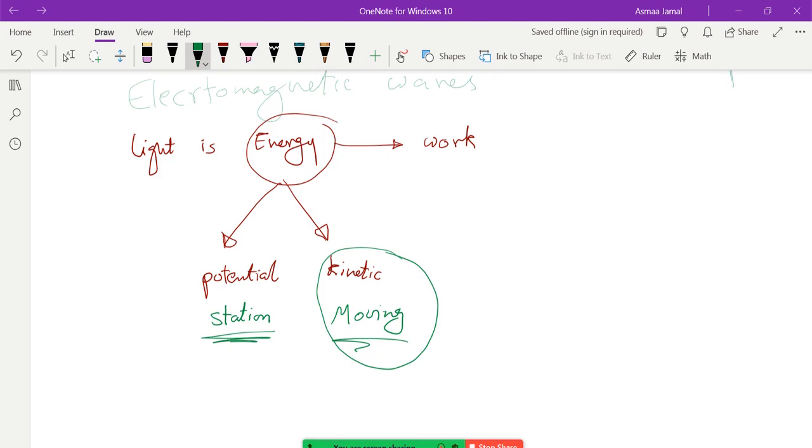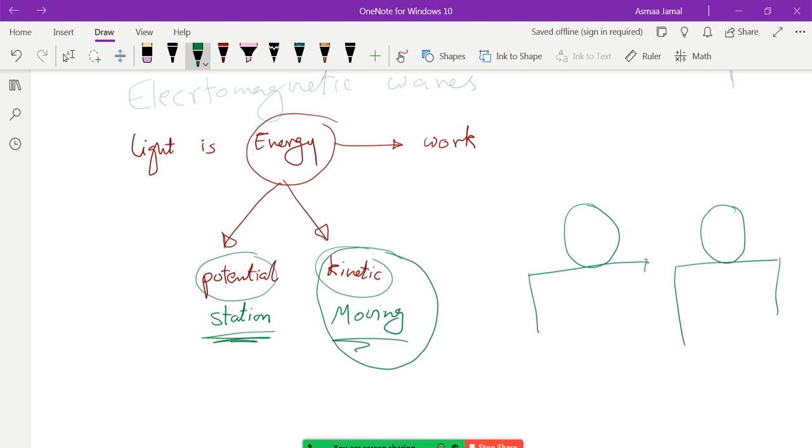To understand the idea of potential and kinetic, let's say we have two balls, for example, ball number 1 and ball number 2, above a table. In potential energy, this ball will remain here without moving.